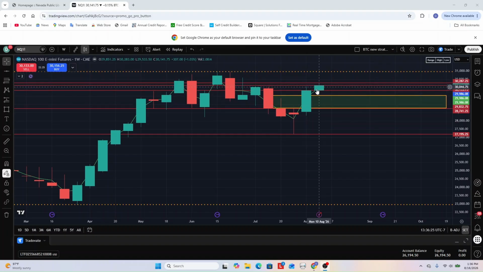Now, the close of this weekly, last week's candle, it created a bullish fair value gap.